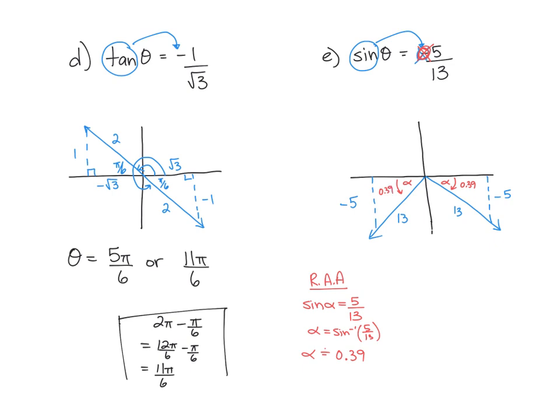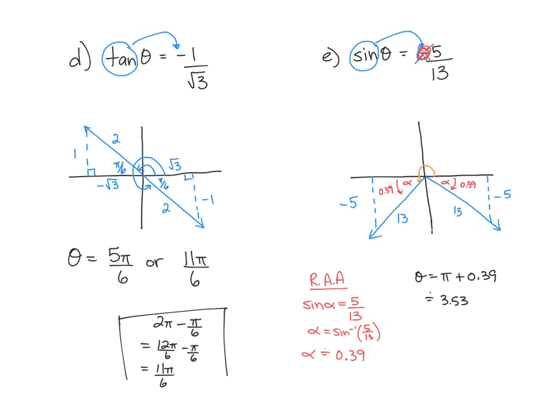In order to calculate the value of theta, I start at my initial arm and I rotate. So for my first value of theta, I've rotated pi units plus 0.39. So I get an angle of approximately 3.53 radians.